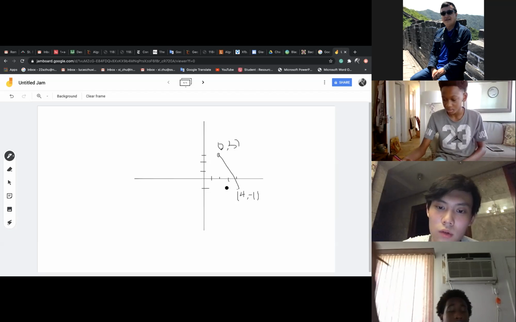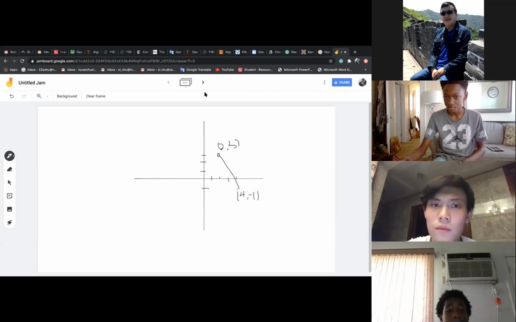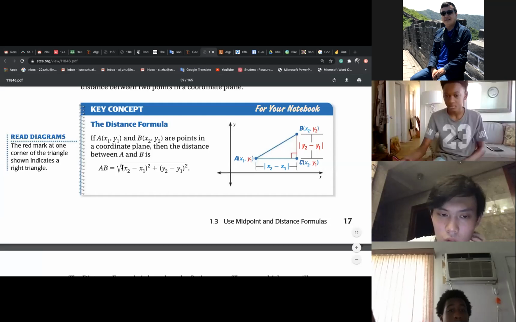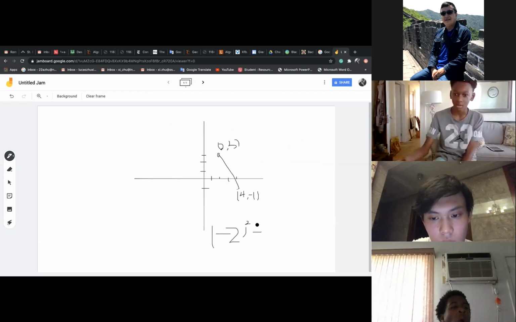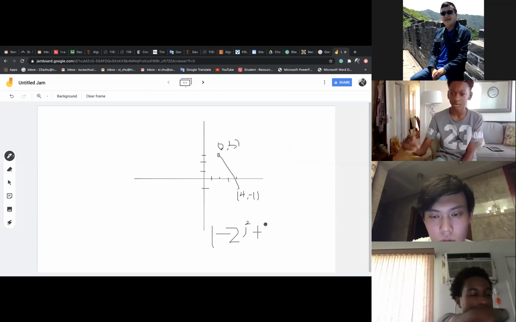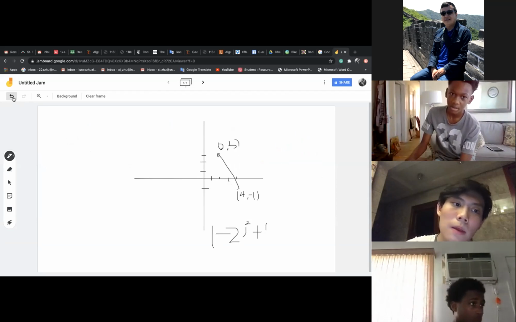Oh, it's not the same. So look right here. We just have to minus each other, right? So 2 minus 4 is -2, right? And you have to square, remember. Oh, I did it the reverse way.